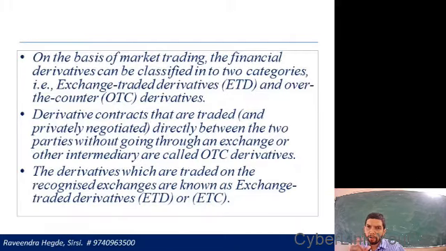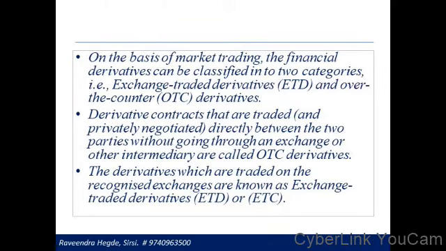So just concentrate on the screen now. On the basis of market trading, the financial derivatives can be classified into two categories: ETD and OTC, exchange traded derivatives and over the counter derivatives.